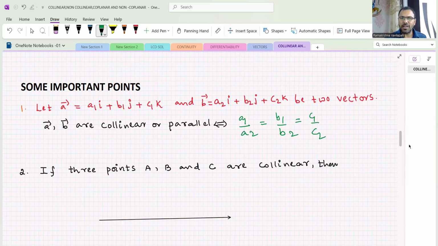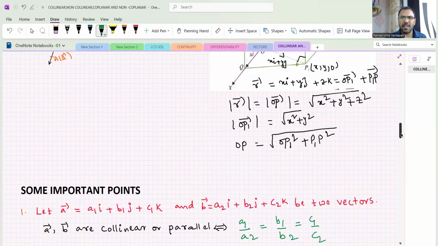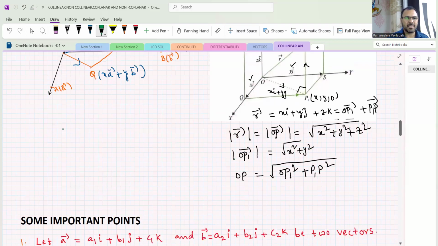Okay, so I would like to tell you what x, y, z are in this vector xi plus yj plus zk.